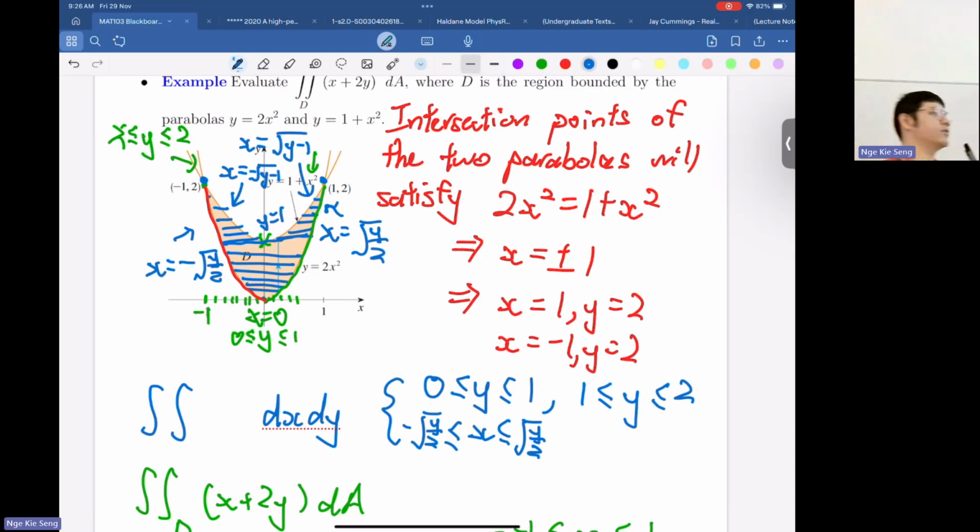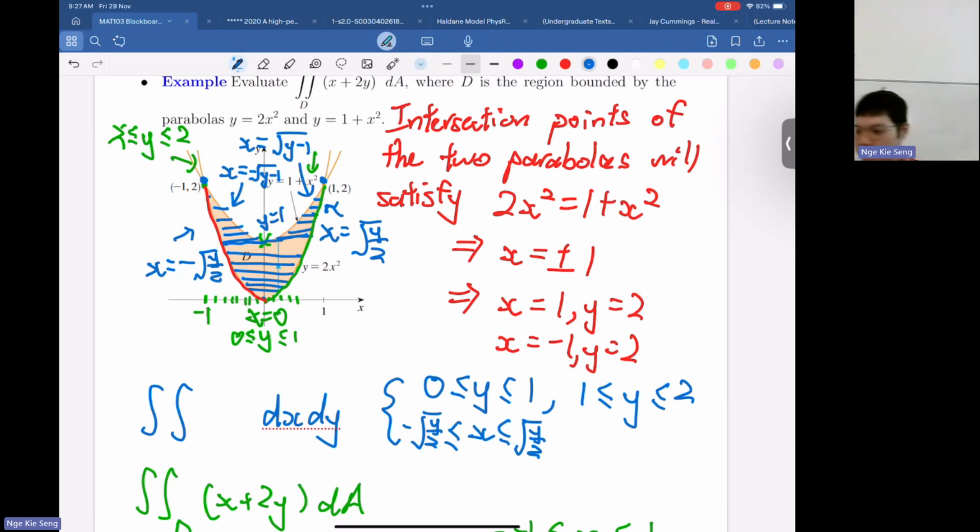How do you decide minus or plus? On the left hand side, x is less than 0, so you should use minus square root of y minus 1, because the square root is always positive. You need to multiply by a negative to get the left hand side. So both above and below, you use the negative square root, because the square root always computes to positive, and the square root function is like this on the positive side of 1.